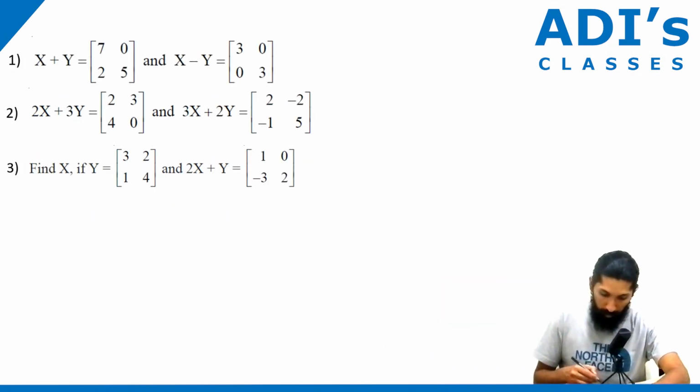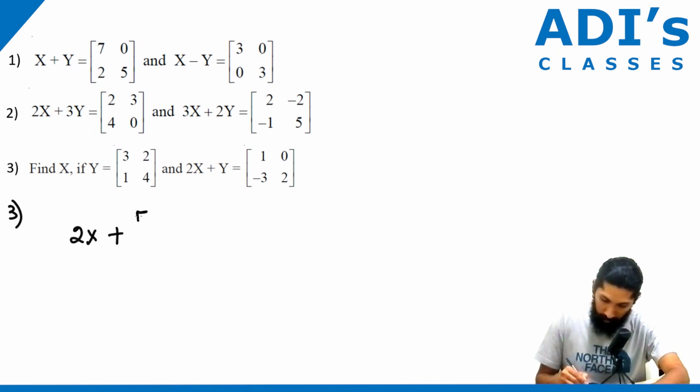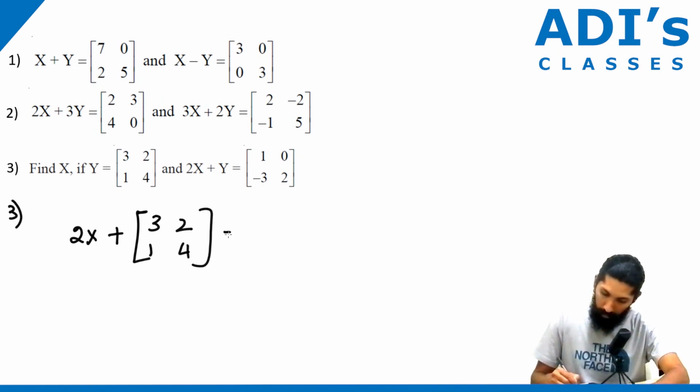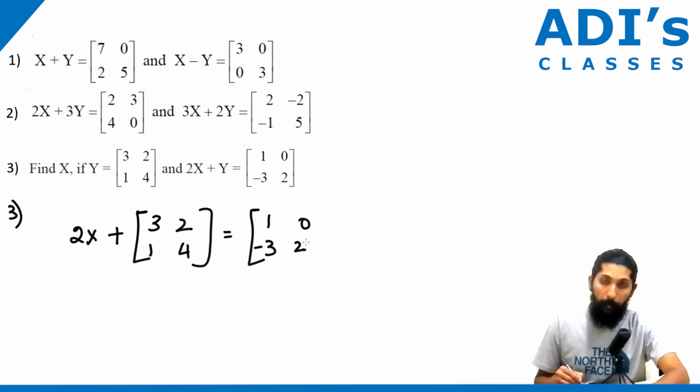See the third one. You have 2x plus y, correct? So for the third one, you have 2x plus y, where y is 3, 2, 1, 4, is equal to 1, 0, minus 3, 2. Correct?